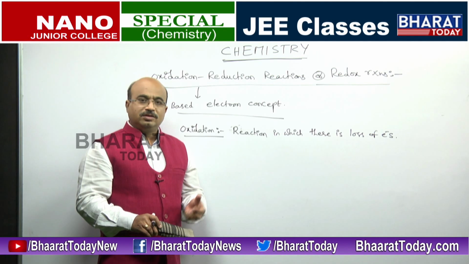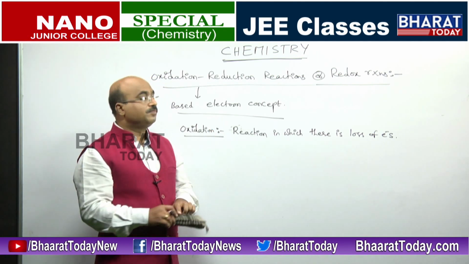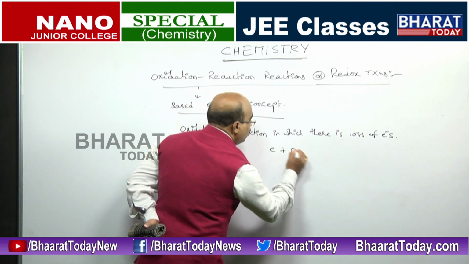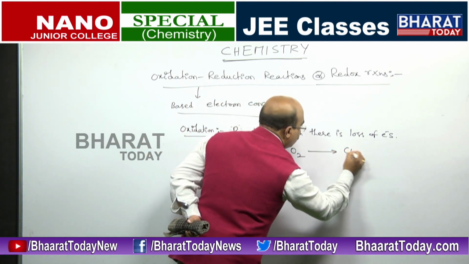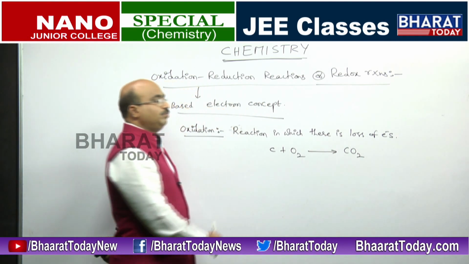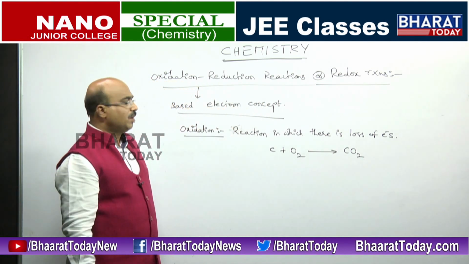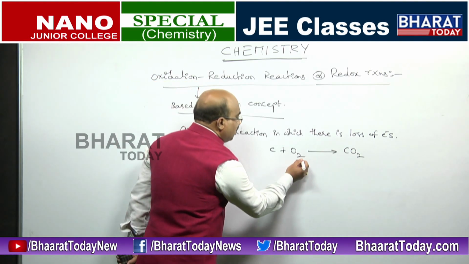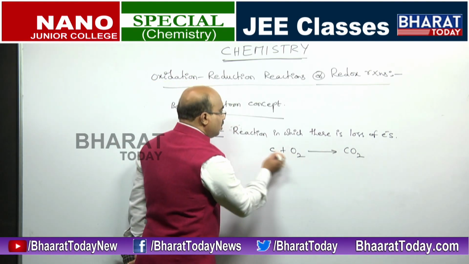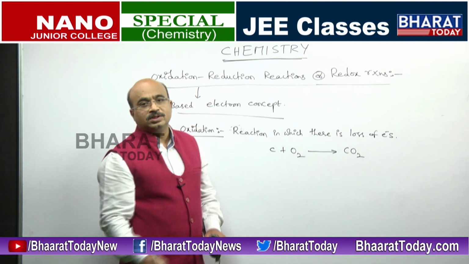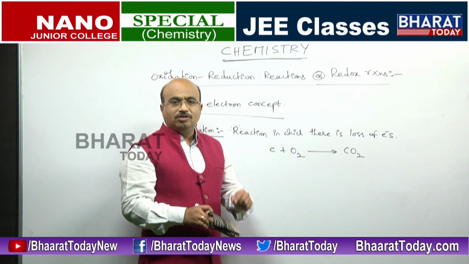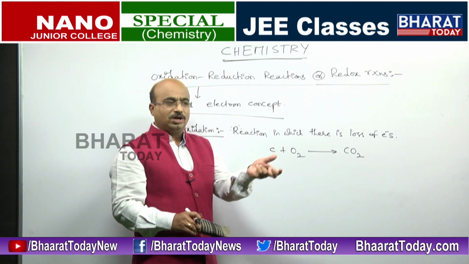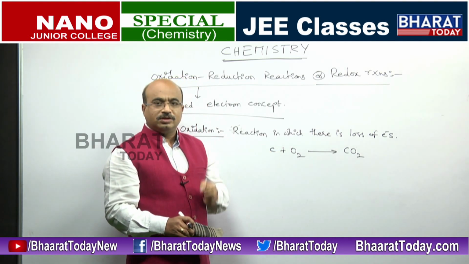Let us see how these reactions we already defined can be taken in the electron concept way. The example we gave is C plus O2 giving CO2. What happens during this process is, as we know, the electronegativity of oxygen is more than carbon. The carbon loses electrons to oxygen, and oxygen, being more electronegative, takes those electrons.